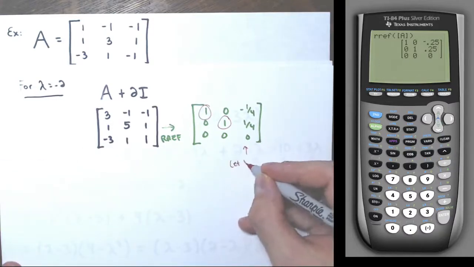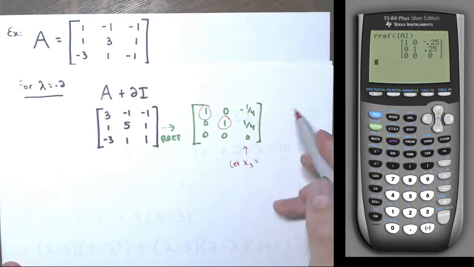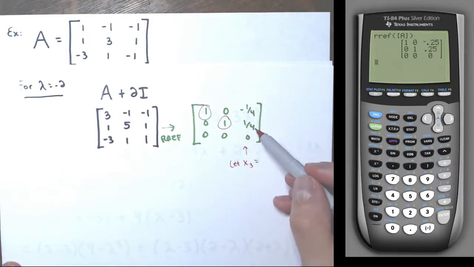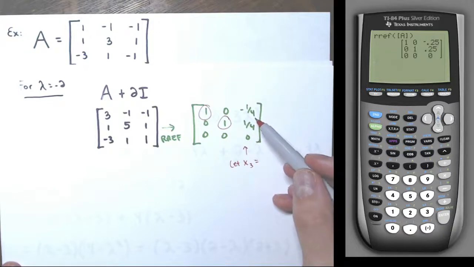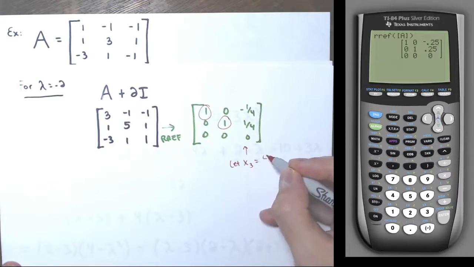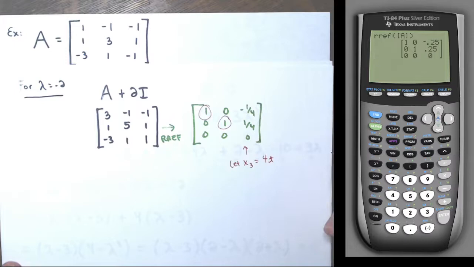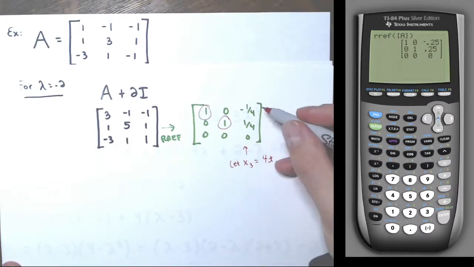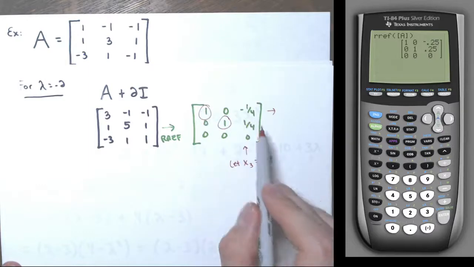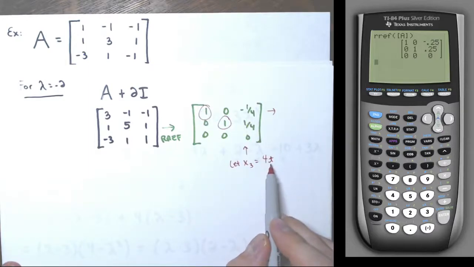So I'm going to let x3, now instead of t, remember when I had fractions in previous videos, just to get rid of those 4's, the least common denominator of 4 and 4 is 4. I'm going to let x3 be 4t. That'll just get rid of these fourths, make them into 1t, -1t, and +1t. So up here I'd have x1 minus 1/4 of 4t equals 0.